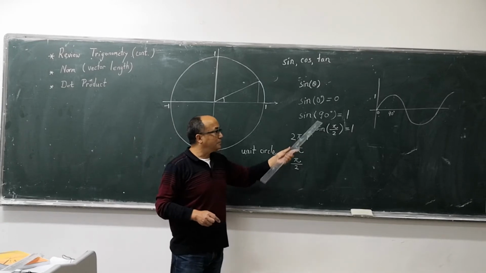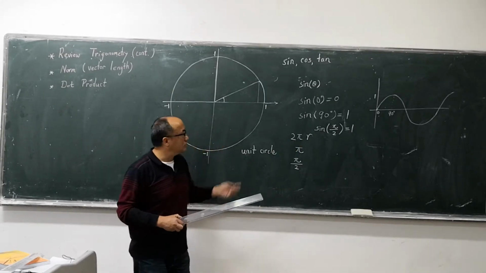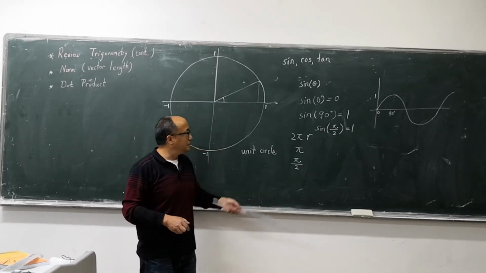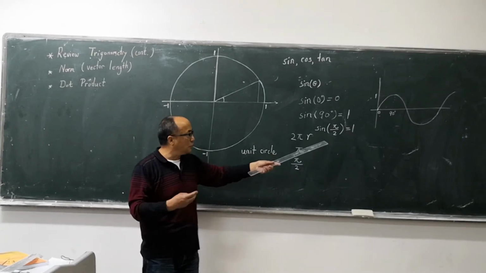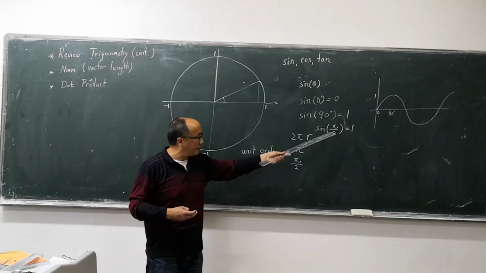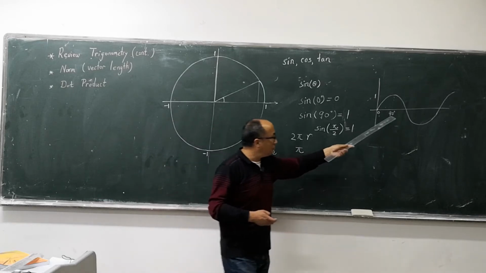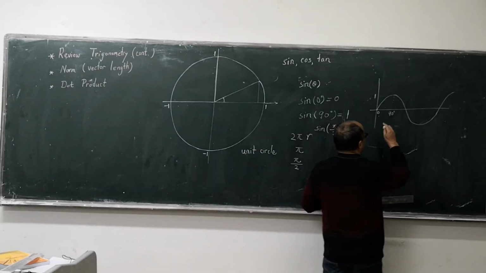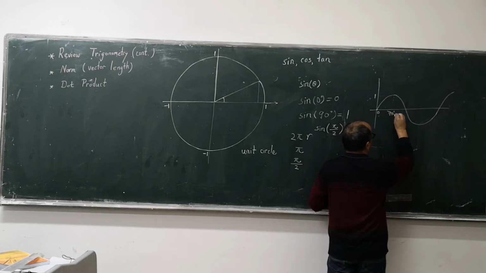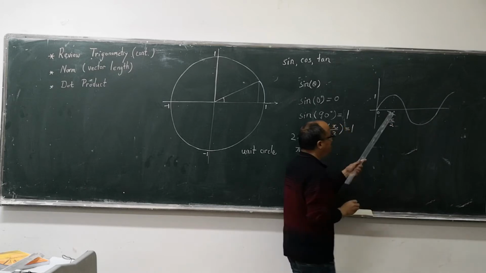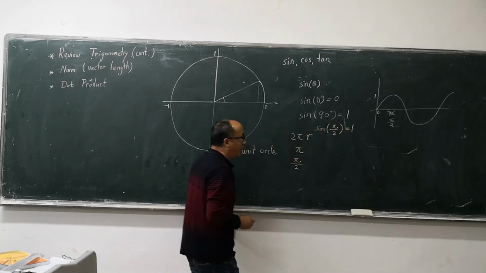The angle, in 99% of cases we are just using the length. So most of the time, instead of labeling 90 degrees, we label it pi over 2, half pi.